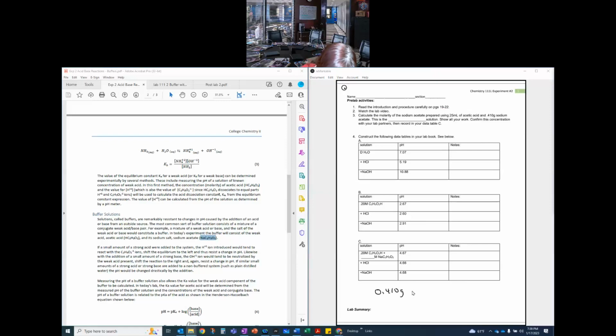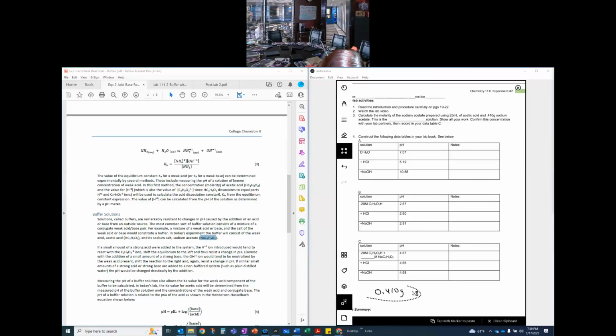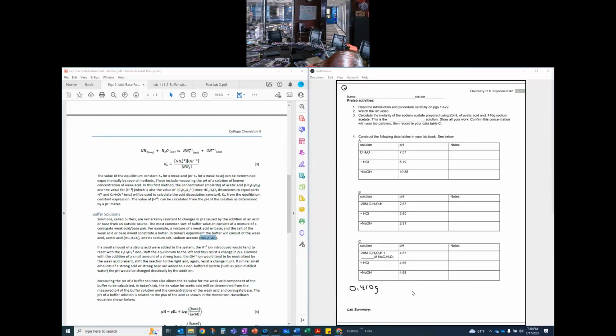So if I have 0.410 grams of NaC2H3O2, that is divided by the molecular weight of that material, which is 82.03 grams per mole of NaC2H3O2.